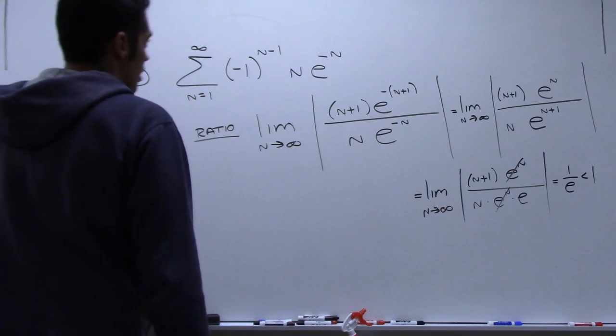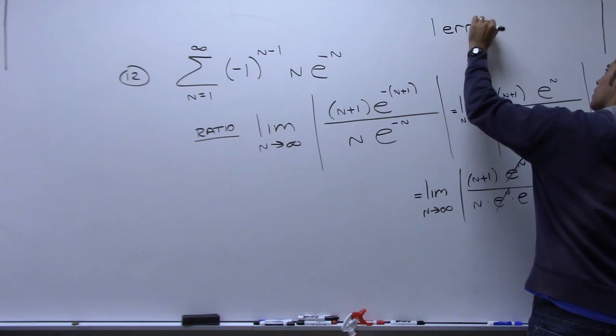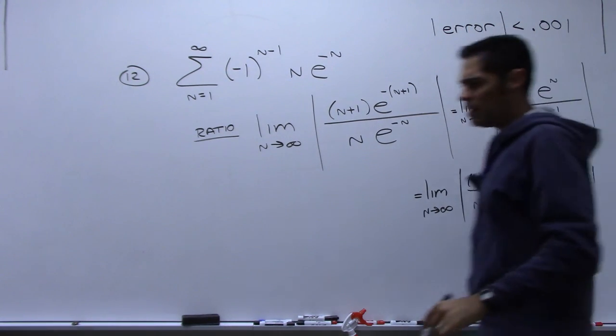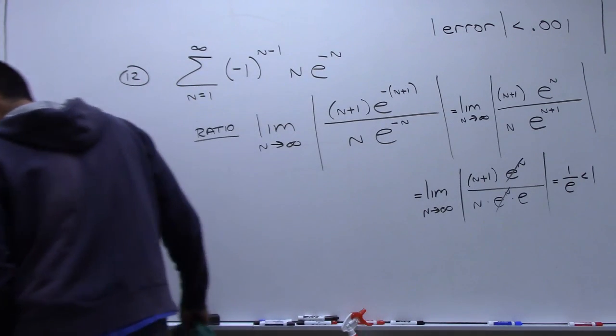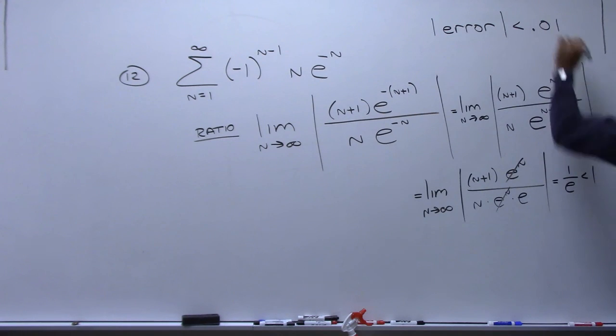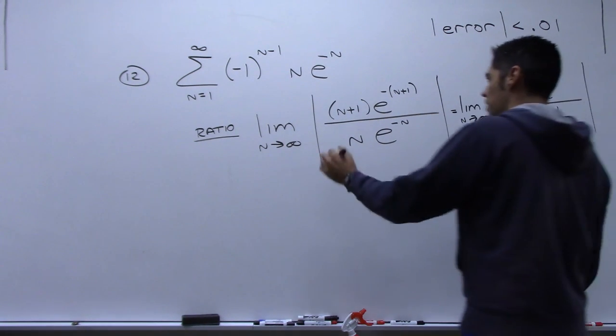Let's try and get an error. I want my error to be less than 0.001. Was that it? Yeah. No, just 0.01. There we go. Now b sub n is this.